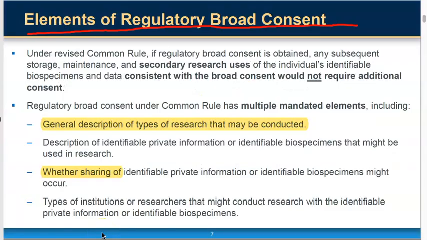These next few slides show the additional elements required for the broad consent, and it includes these four elements here: a general description of the types of research that may be conducted. Another element is whether sharing of identifiable private information or identifiable biospecimens might occur.